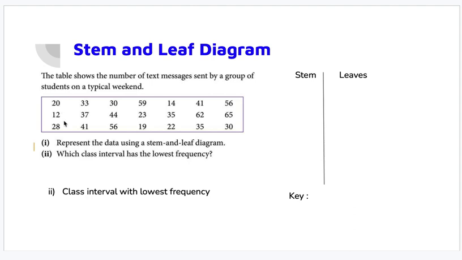For a stem and leaf, what we are doing is we are separating the digits from the tens unit in this case. So the digits are the leaves and the tens are the stem. The lowest stem is 1. 2, 3, 4, 5, and 6.